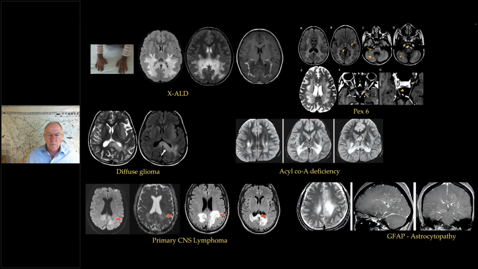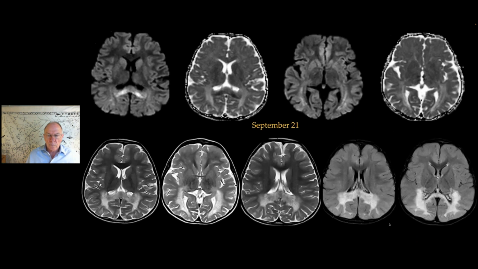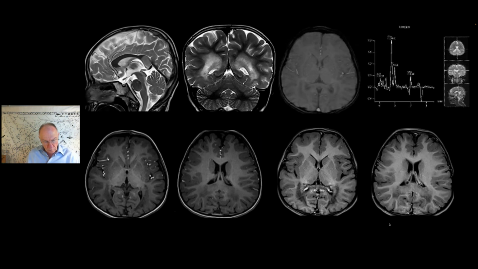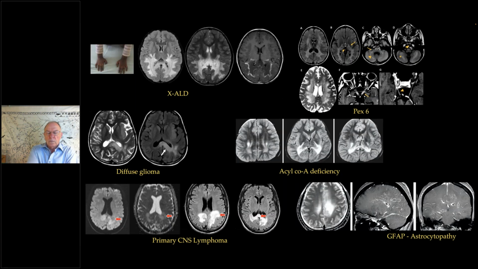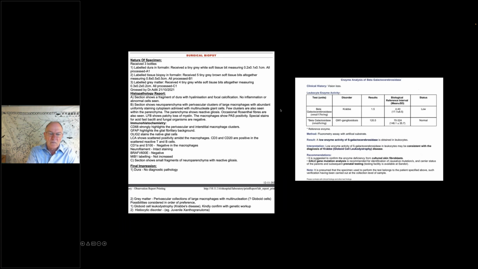And did we do a nerve conduction in her? Just for the phenotype of Krabbe's, because we don't have genetics, but we do maybe MRI and enzyme analysis. Nerve conduction was normal. Yeah.